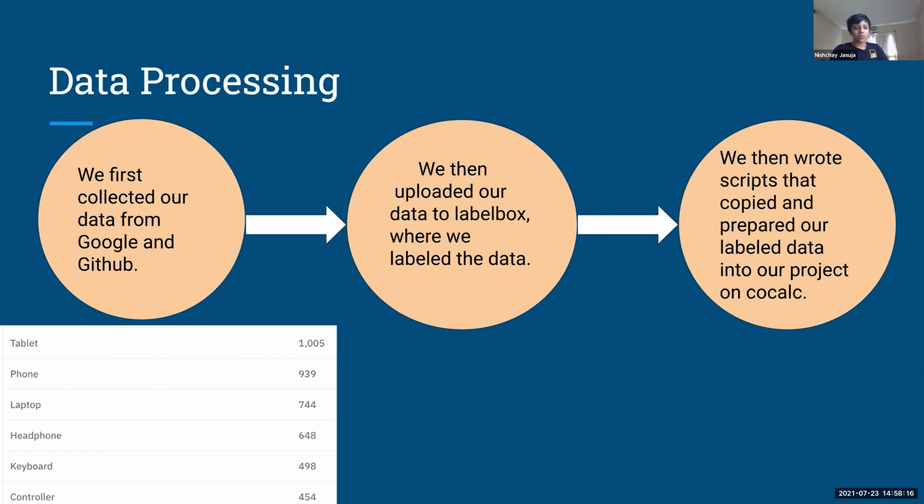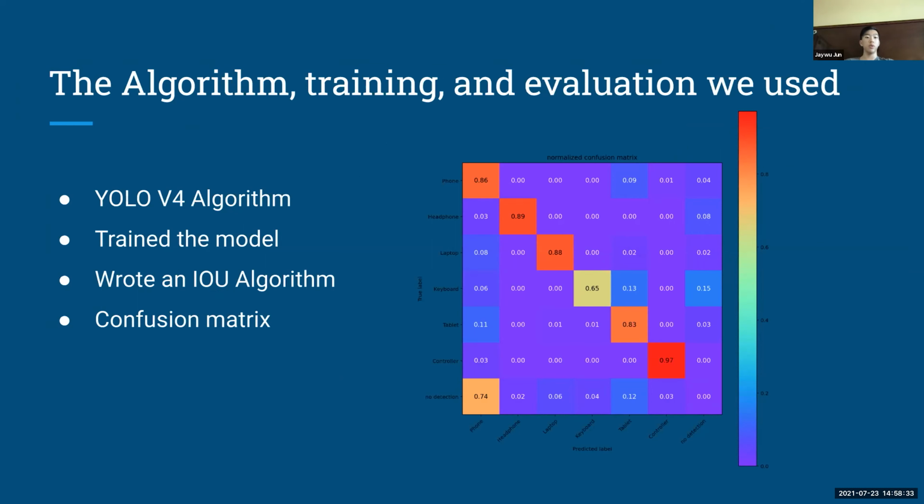So with our data fully loaded, fully prepared, and fully split, we can now move on to using our algorithm to do something pretty cool. So just like a lot of other groups that used computer vision, we used the YOLO V4 algorithm. YOLO stands for you only look once, and it's a lot more efficient than a lot of other CV algorithms. We used those 6 categories that you might have seen before to label images and train the model using those labeled images.